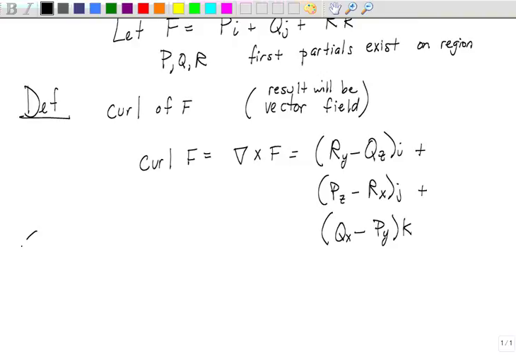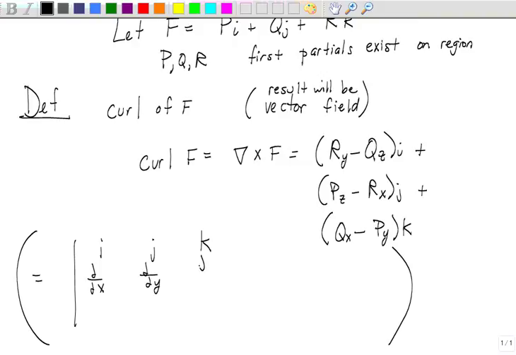The notation we can use, although it really isn't a determinant because you're using operators, is the determinant of i, j, k, the first partials with respect to x, y, z, which are operators, and then P, Q, R. Actually that doesn't make sense because you're mixing vectors with functions and differential operators, so just think of it like that.